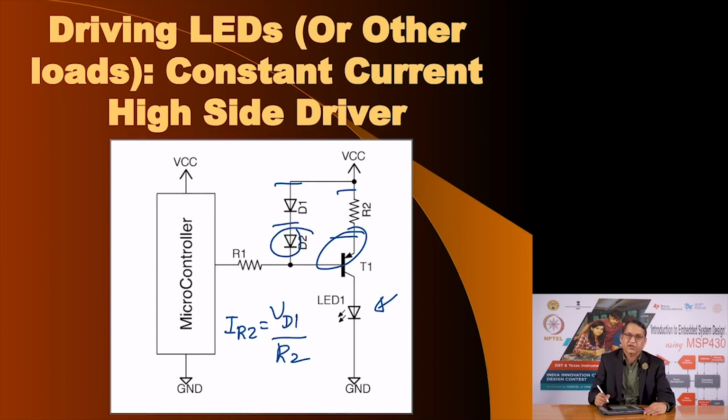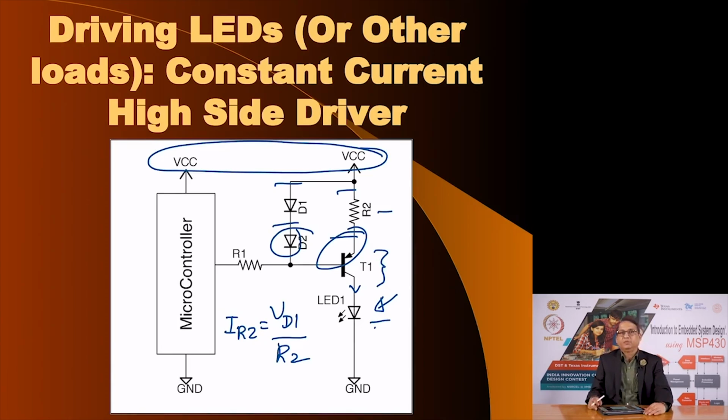If the beta of this transistor T1 is large enough, the same amount of current will flow through the collector, and it will be a constant current irrespective of the voltage here, as long as this voltage is above the voltage of some of this plus some of this plus a little bit of voltage to keep transistor T1 in active region, you will continue to power LED 1 using a constant current source.